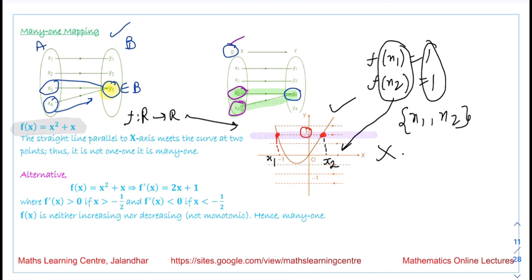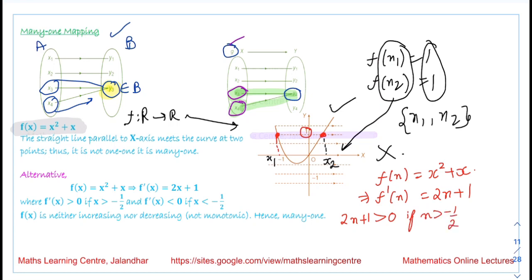The second method we have already seen. We are talking about the function f(x) = x square plus x. Now if we calculate the derivative of this function, it is 2x plus 1. Now we are trying to find the points where this derivative is greater than 0. We are saying 2x plus 1 is greater than 0 if x is greater than minus 1 by 2, and 2x plus 1 is less than 0 if x is less than minus 1 by 2.